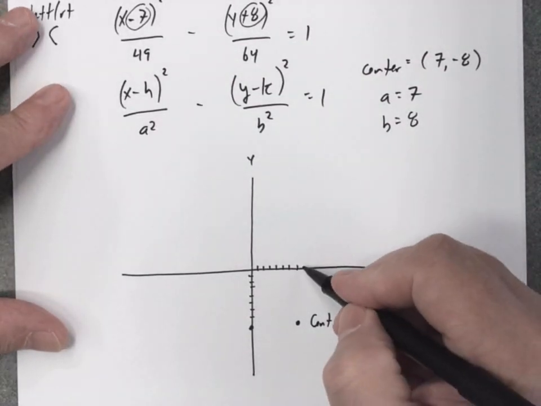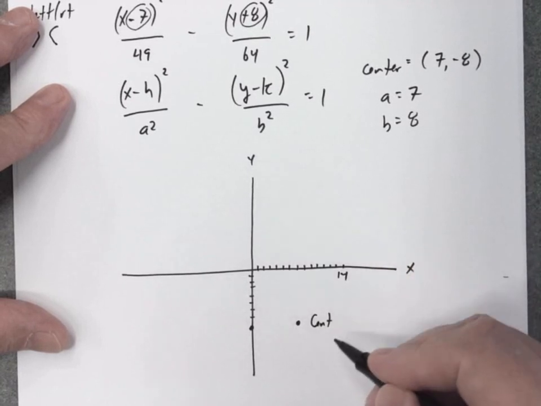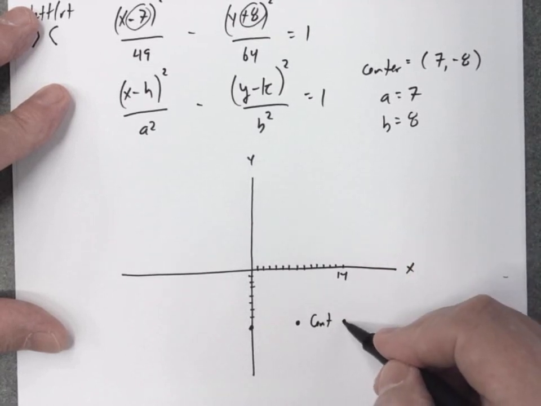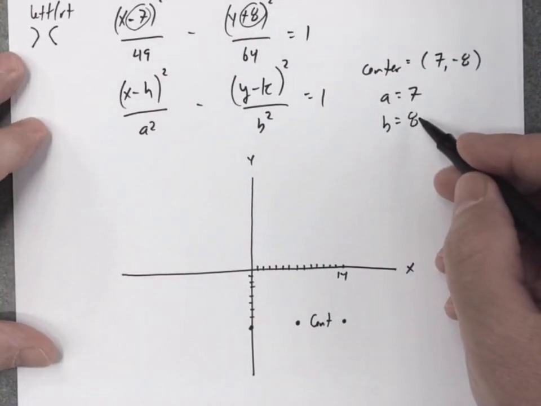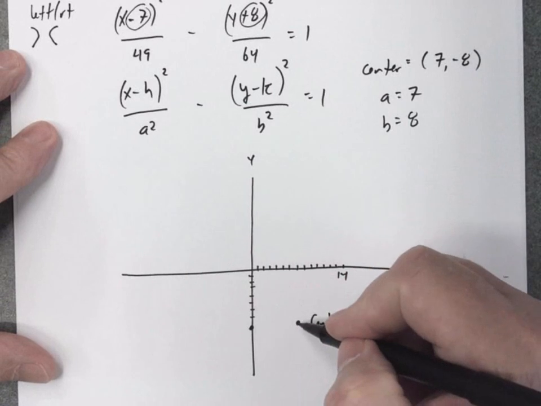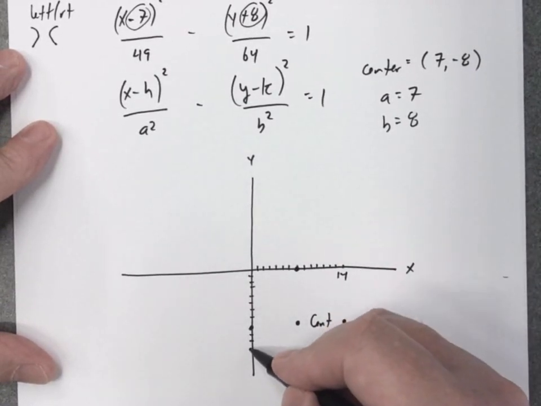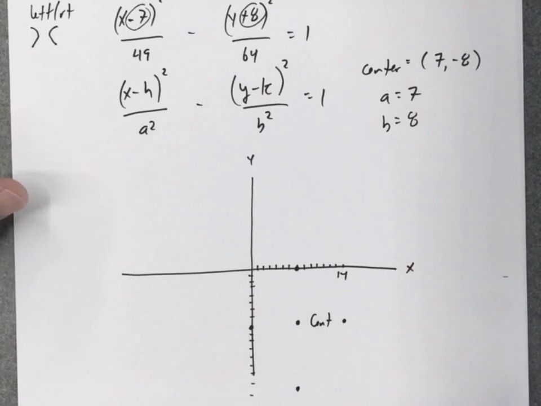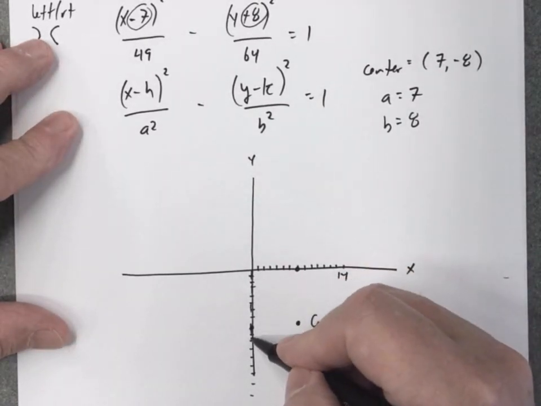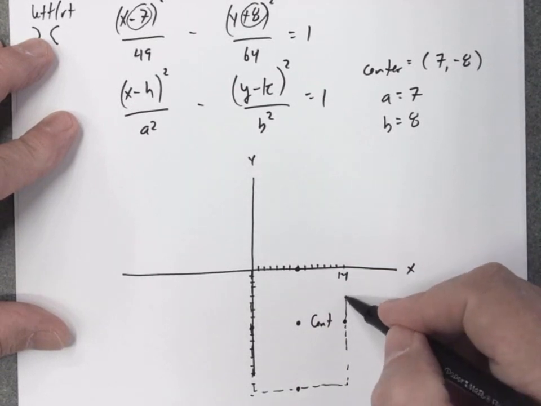If I go out here, I'm like at 14. And then if I step off the B, I have to go 8, which takes me back here, and then so now I can draw my rectangular box.